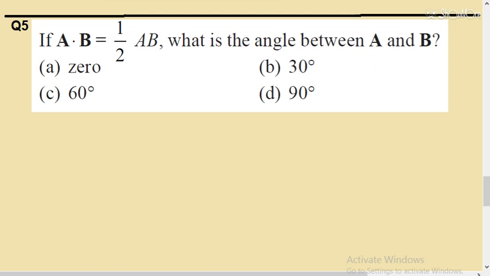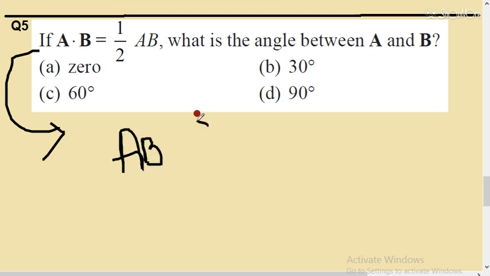Okay, look at this. A dot B. Here he is talking about the dot product. So the dot product A dot B is equal to AB cos theta.